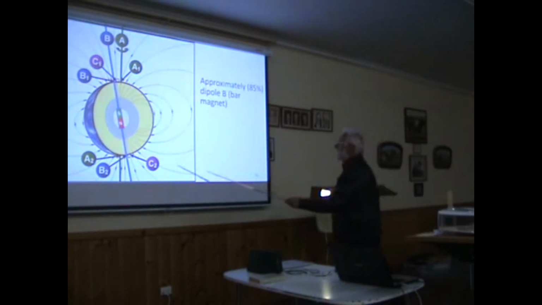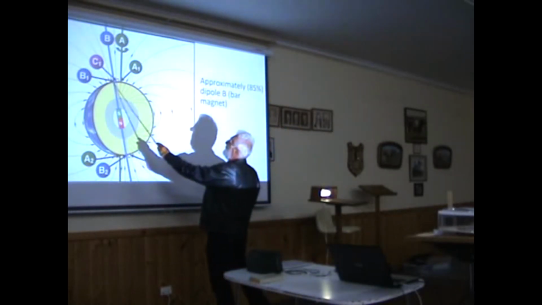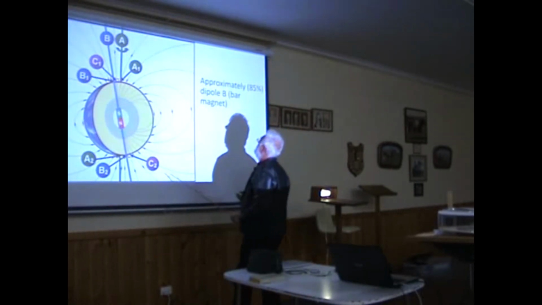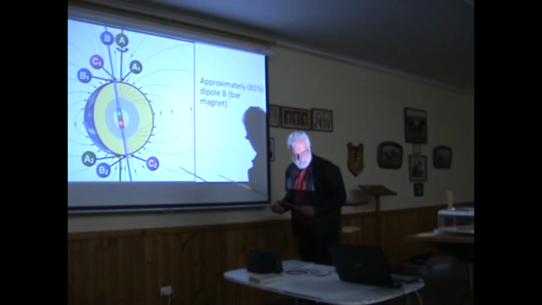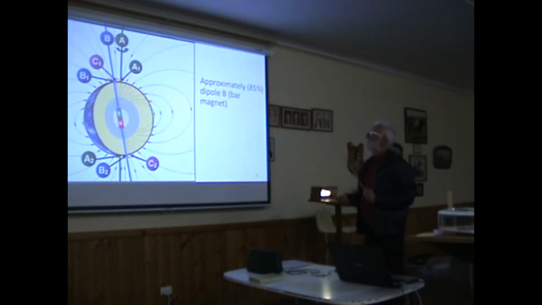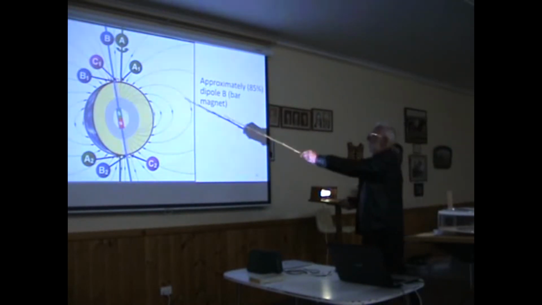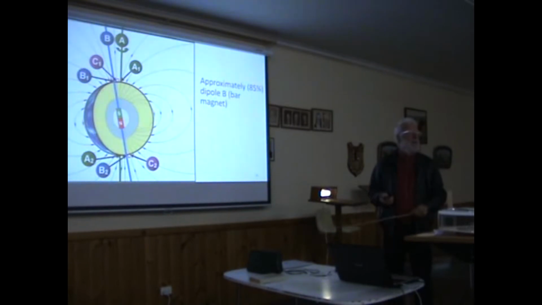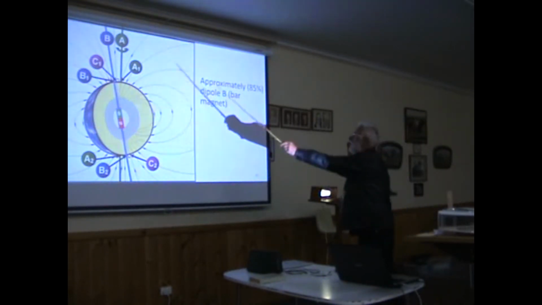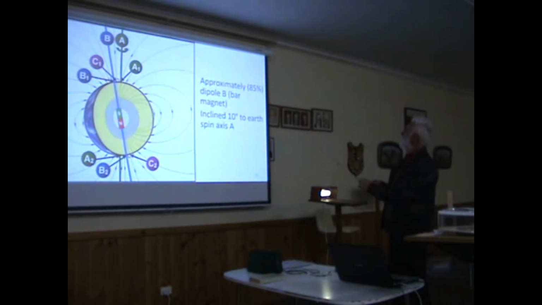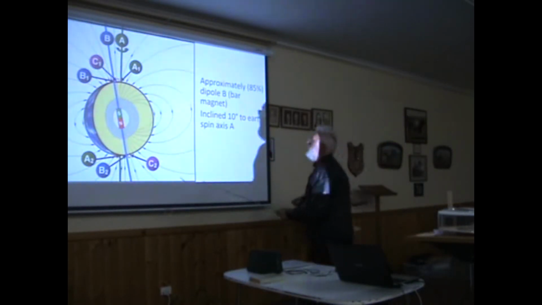This is the B-axis that intersects the Earth's surface at B1 and B2, and if you try to approximate the magnetic field of the Earth by a bar magnet, that's the axis it would have, and it's about 10 degrees away from the axis A.